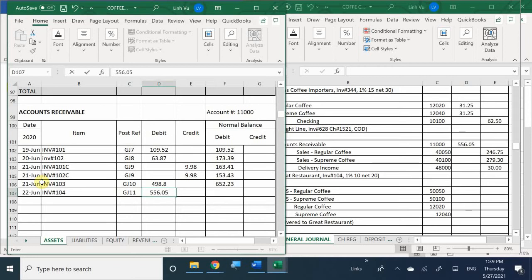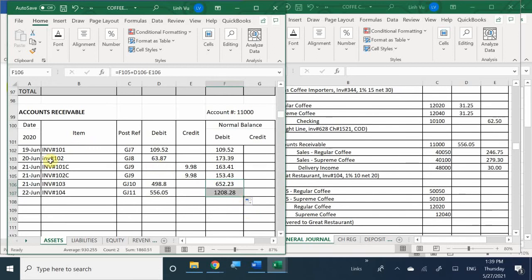I said five, to correct, which brings our running total to 1,208.28. 1,208.28. Good. Yes. All right.